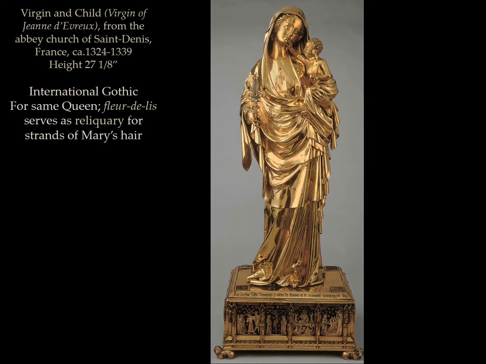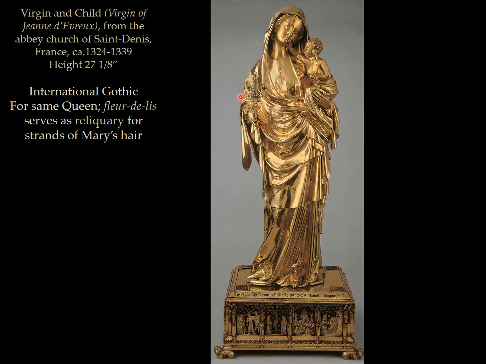Now, in the International Gothic style, we have a very characteristic, elegant, elongated figure here of the Virgin Mary, holding a fleur-de-lis in her right hand, which of course is the lily flower, with the Christ child, right? Here we have the lily flower encrusted with pearls and semi-precious stones, whereas the Christ child is going to be gently touching her face with his right hand, holding an apple in his left.